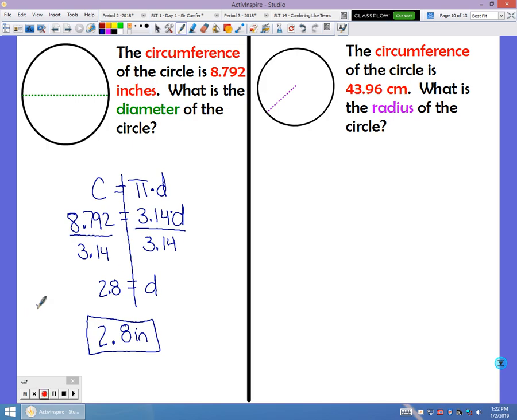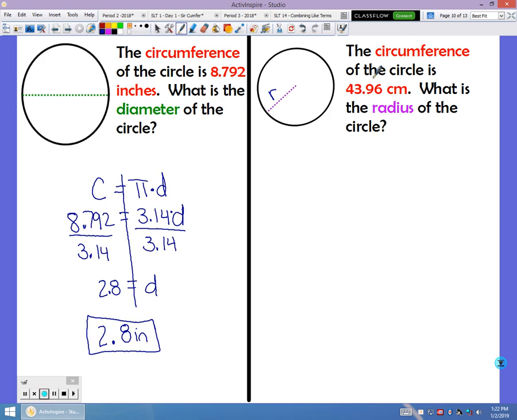Let's try that again, and actually I'm going to move to the right on this one, and I'll let you do the bottom 2 problems on your own. If I read this problem, it says the circumference of the circle is 43 96/100 centimeters. What is the radius? So we're missing the radius on this one.